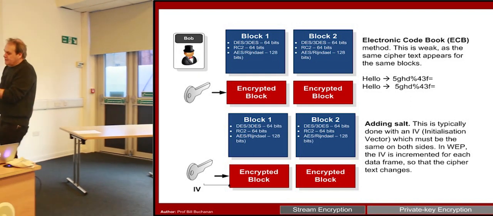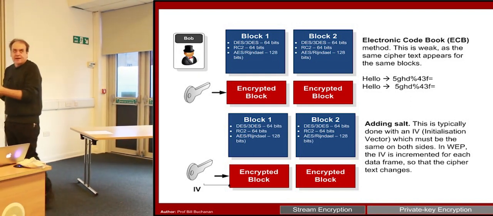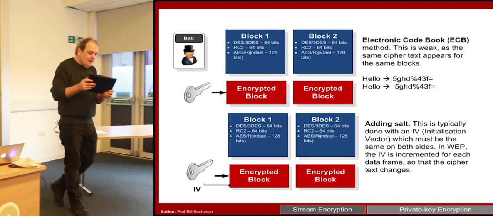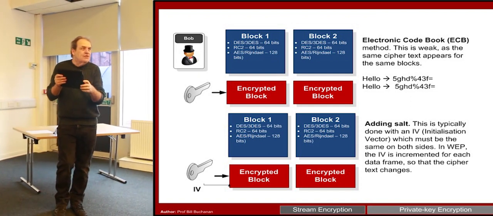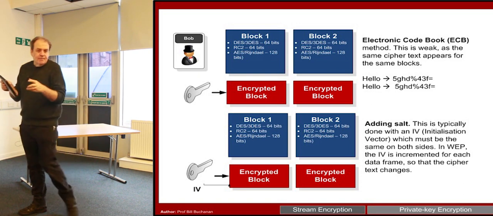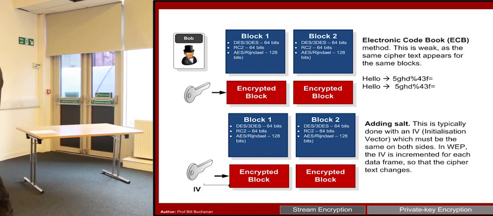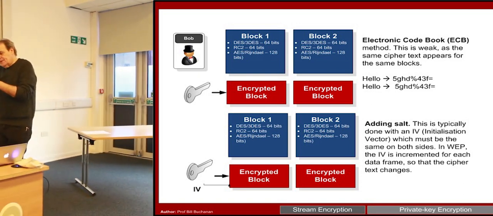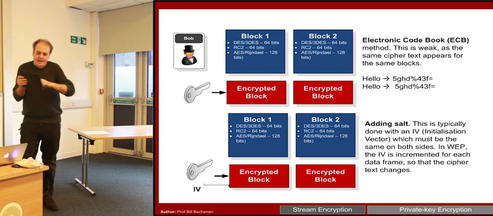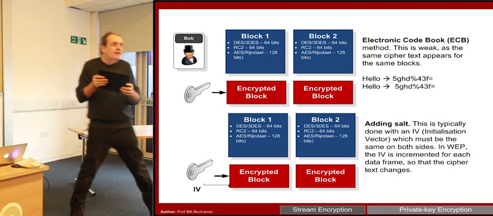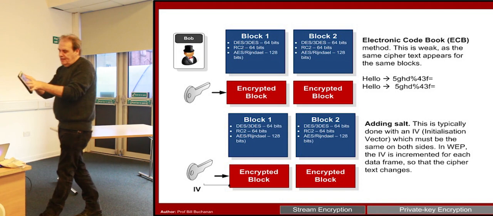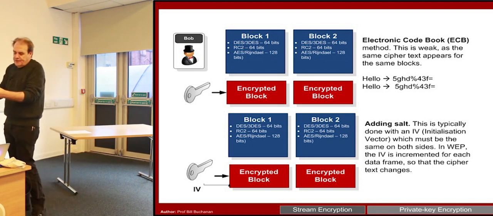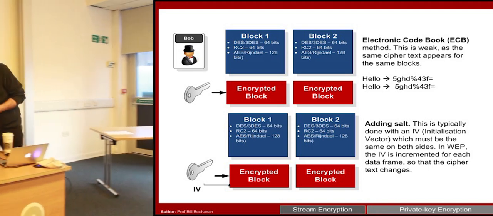So to overcome this, we add salt to our initialization vector to make sure that the first block will always change depending upon the initialization vector. Then we often take the output from one block and feed it into the next one. In this way, we chain our ciphers, and they're all dependent upon this initialization vector.